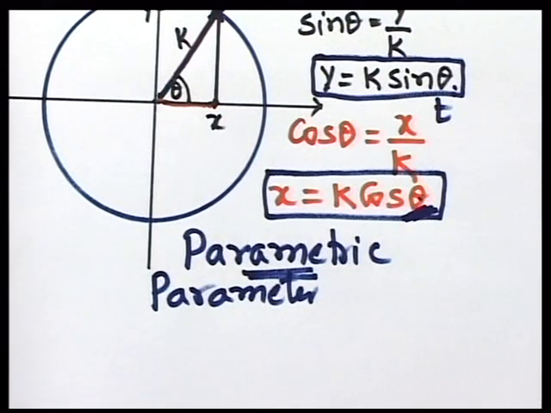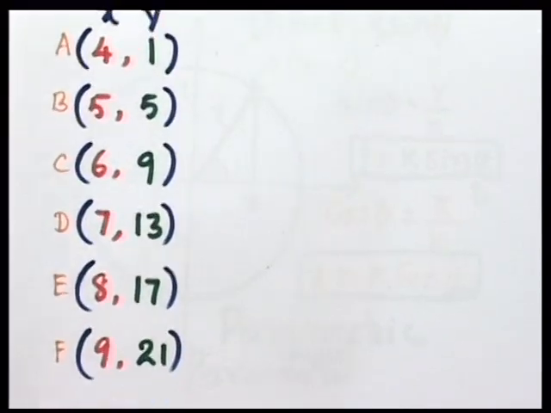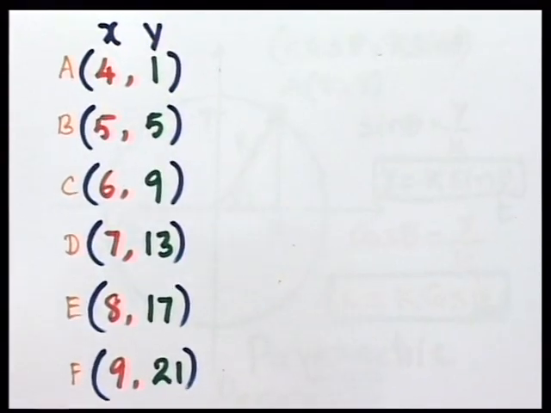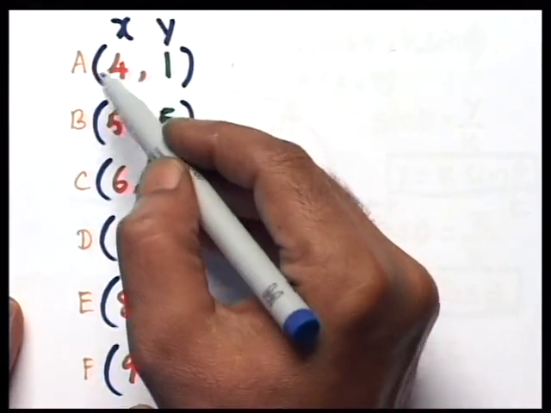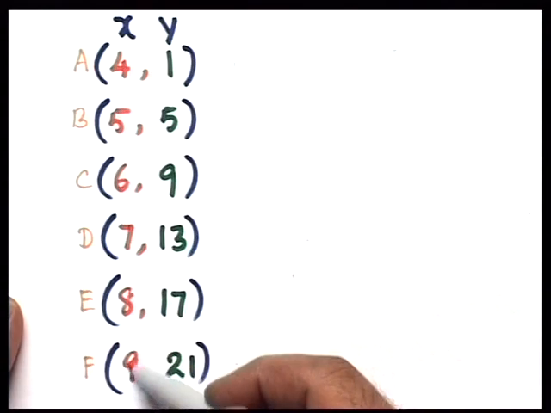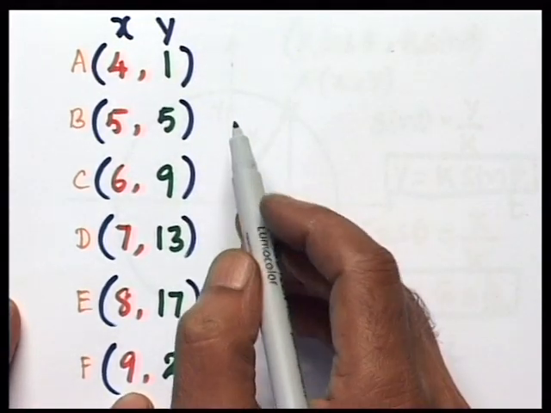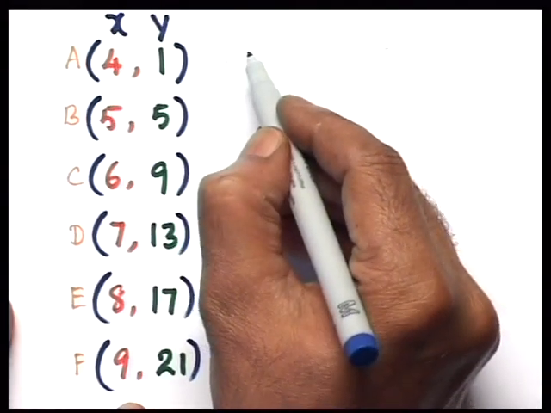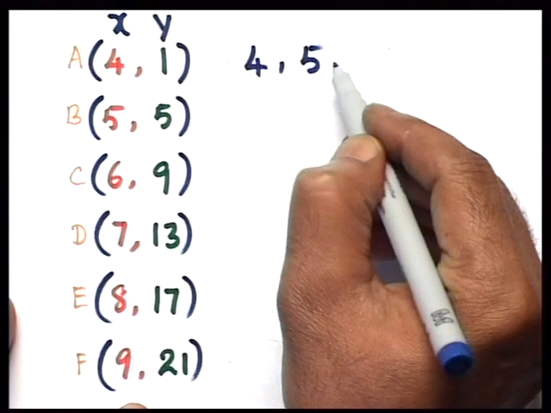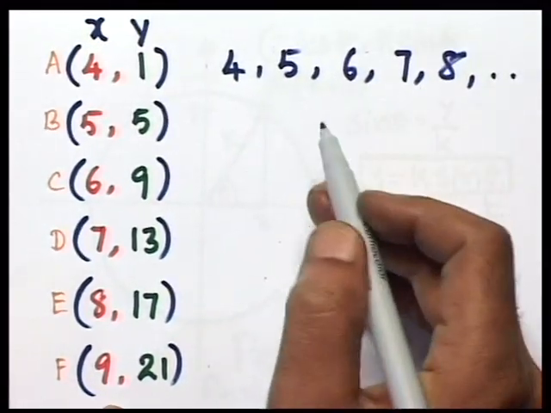Now let's study one more example that I have written for you. I have a curve. I don't know the name of the curve, but I do have the x coordinates and the y coordinates of the curve. If you take all the x coordinates and write them in one place, watch there: 4, 5, 6, 7 and 8, it goes on, suppose.